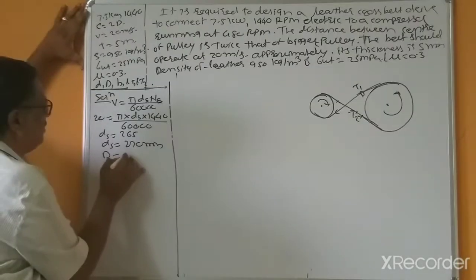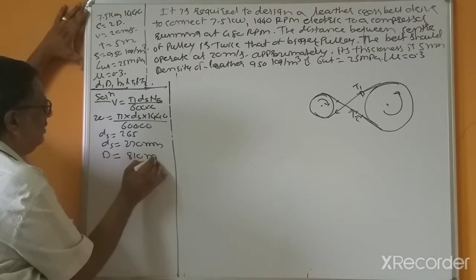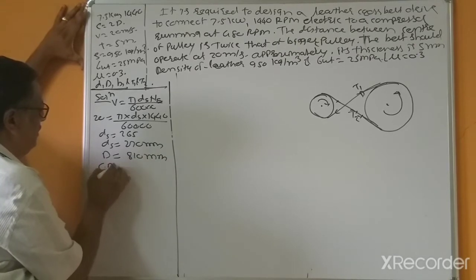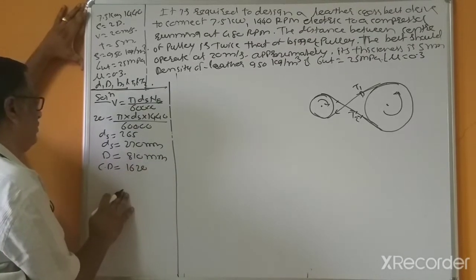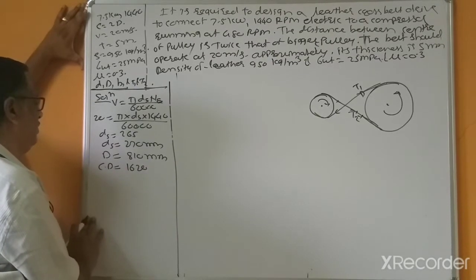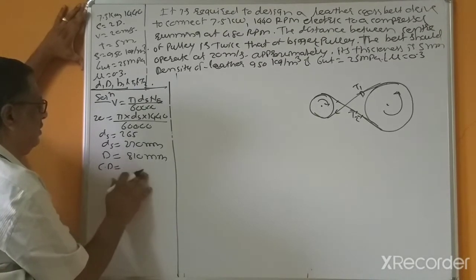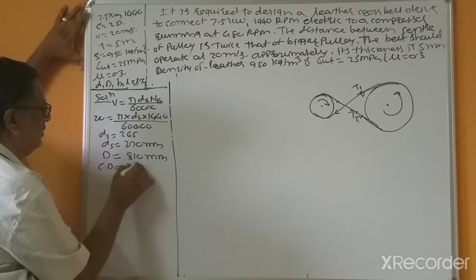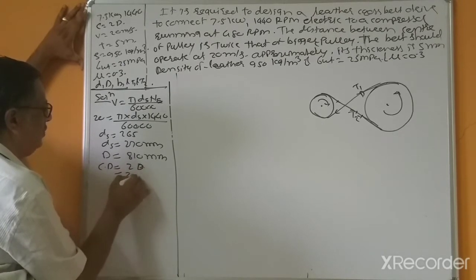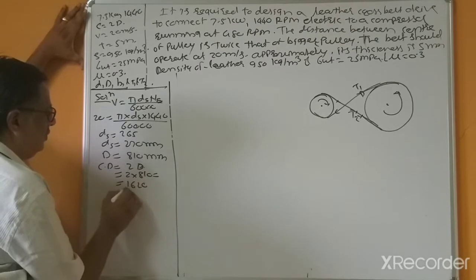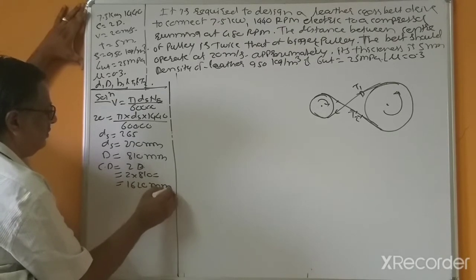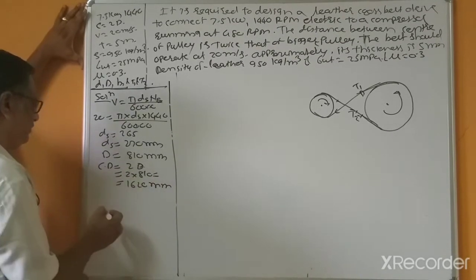Diameter of the larger pulley is twice the center distance, 2 into 810 equal to 1620 mm.